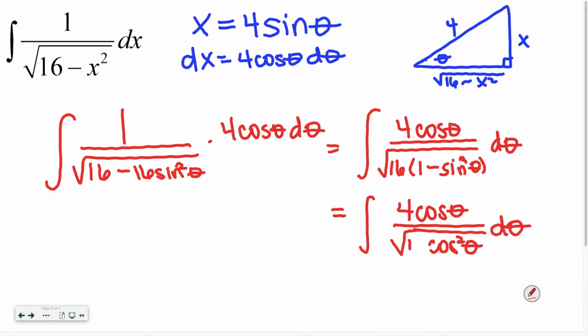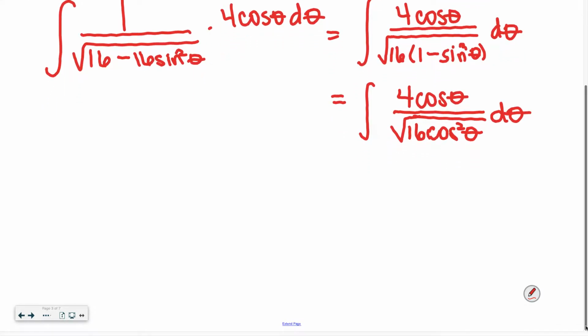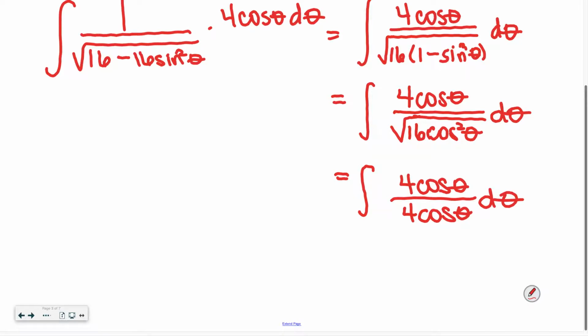I'm trying to be very diligent about all of my steps. So we have the integral of 1 d theta.